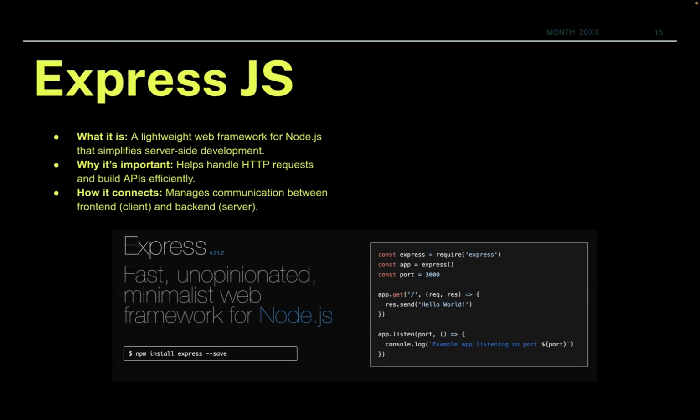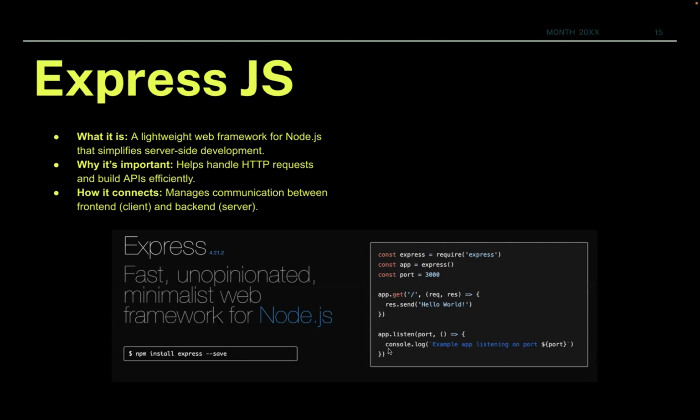For example, as you can see from this code snippet down here, this is from the Express official website. First of all, you import Express from the package, and then you create an instance of Express. You define the desired port you want the server to be listening on, and then whenever your server gets a GET request, it can send out hello world as a response.